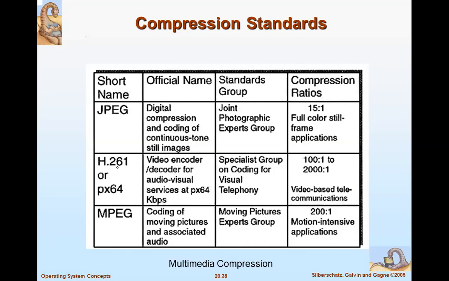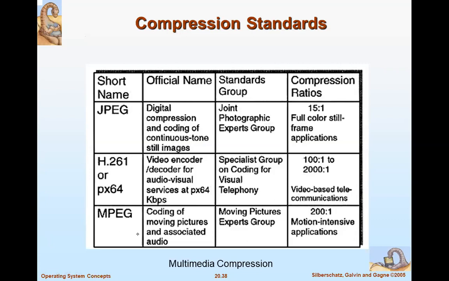H.261, or P×64, is a video encoder and decoder developed by a specialist group on coding for visual telephony. It reduced the size by 100, 200 or even 2000 times, and that's why you can carry or transmit this video or clip on very low bandwidth.